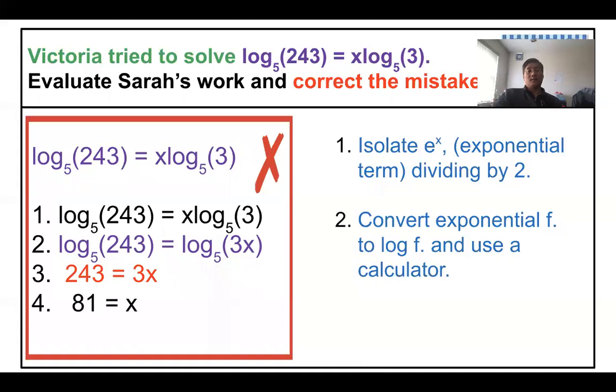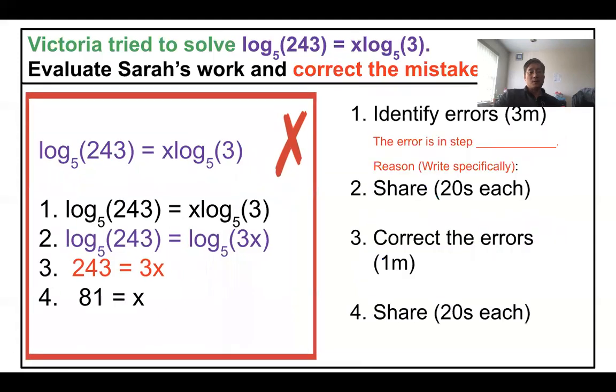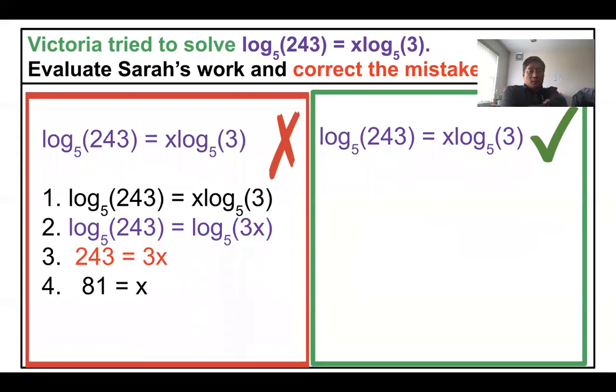Now, let's see another error analysis. Can you do it now? Think about it. What is wrong? All right, log 5 of 243 is equal to x log 5 of 3. First step is you just copy it. And x was multiplied to the log.